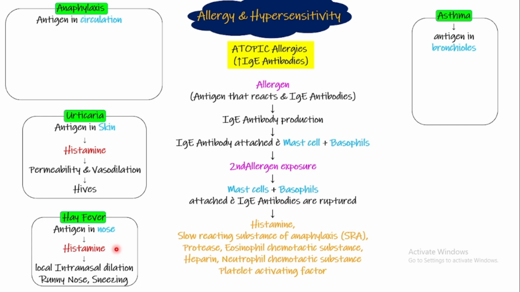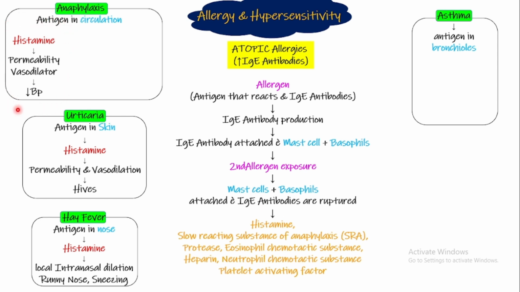So in the circulation, in anaphylaxis, when the antigen or the allergen is in the circulation, now the histamine will be released in the circulation. Generalized circulation. Systemic circulation. Now this histamine will cause the vasodilation of the systemic blood vessels. And when the vasodilation of the systemic blood vessels happens, it will result in decrease in the blood pressure.